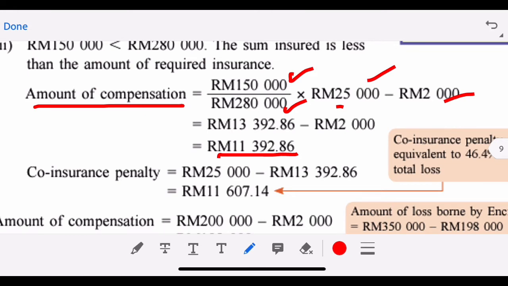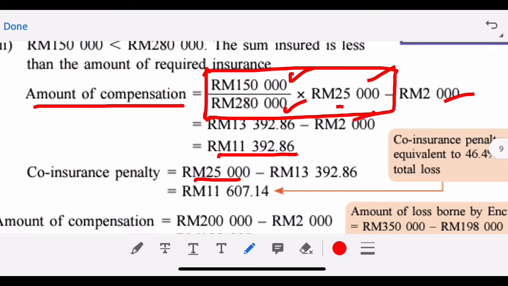The amount of penalty is the insurance loss, 25,000, minus 150,000 over 280,000 times 25,000.